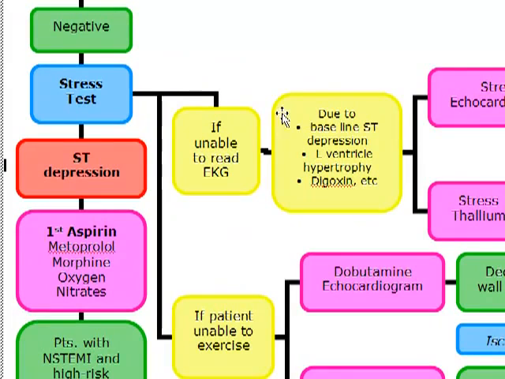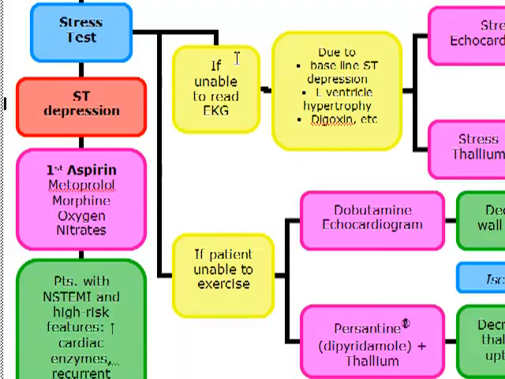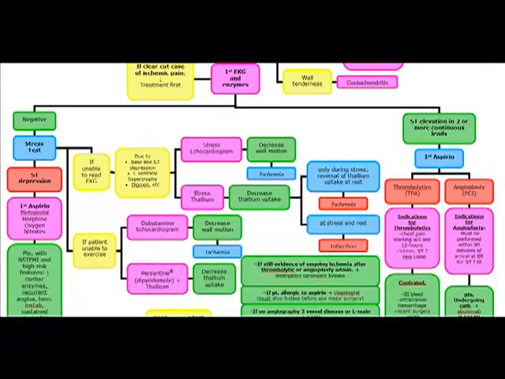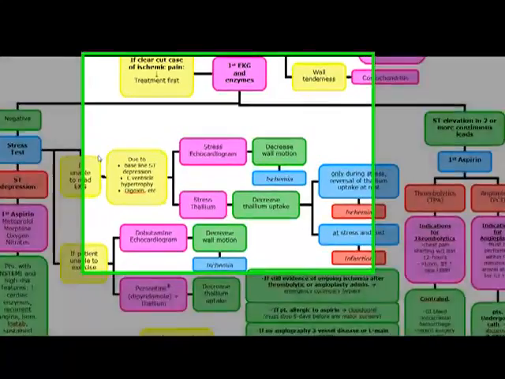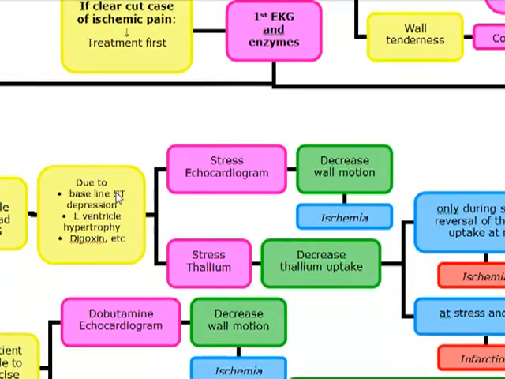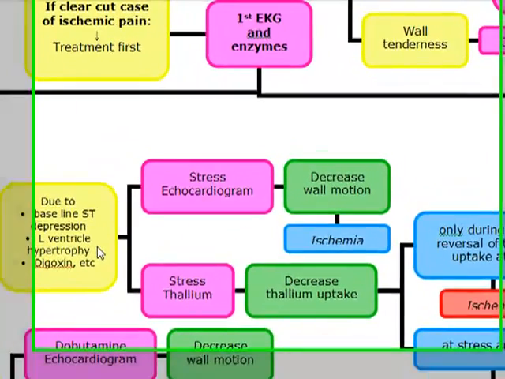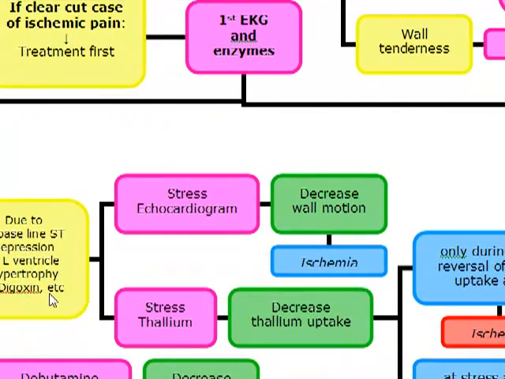So there are these two cases: a patient in whom you're unable to read the EKG, or a patient unable to exercise. The cases where you're unable to read an EKG include things like a baseline ST depression, left ventricular hypertrophy, digoxin, a left bundle branch block.